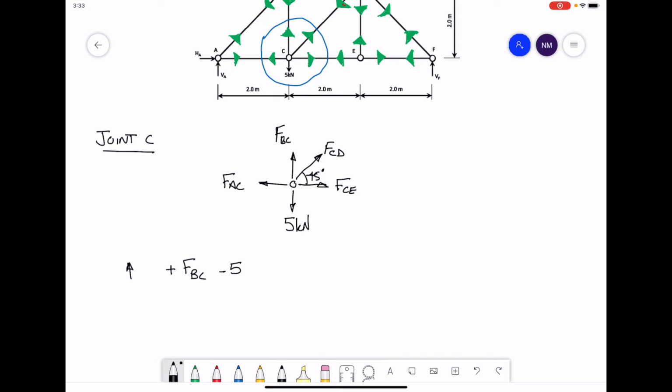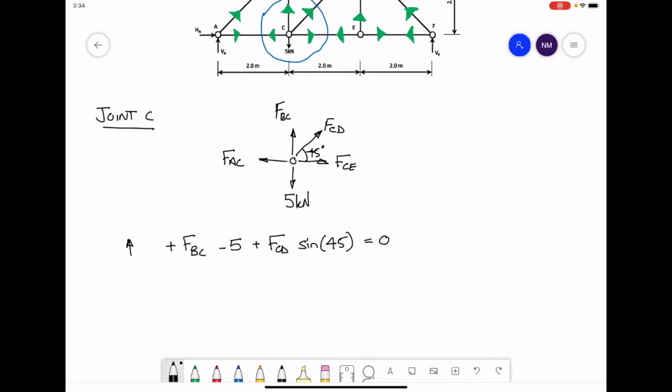Then we've got force CD, it's acting upwards, but only part of it is acting upwards, so we have to resolve the force, and we use for that the sine of the angle. So it's force CD times the sine of 45 degrees. Those are the forces that are acting vertically, upwards or downwards. For equilibrium, they must add up to give you 0.